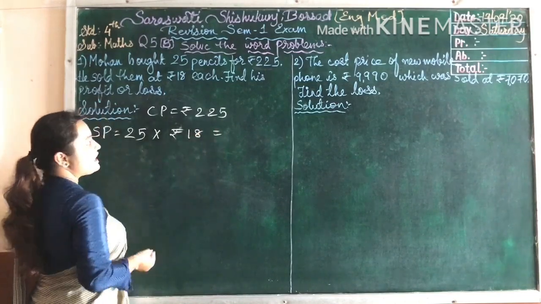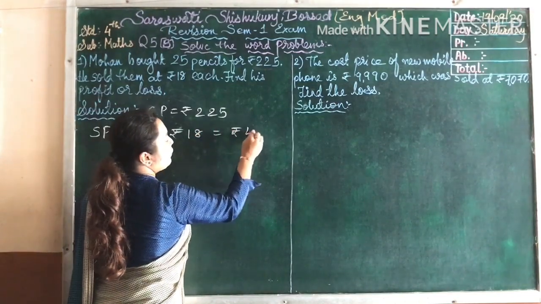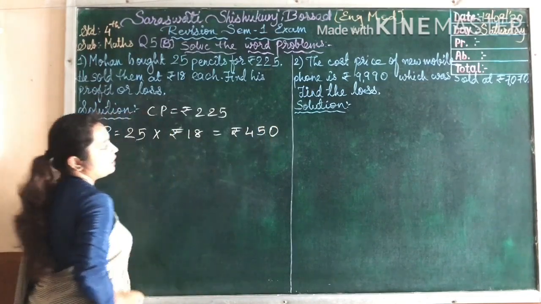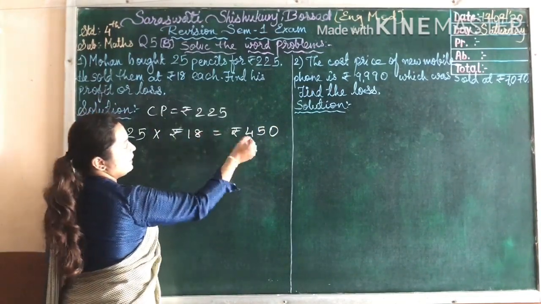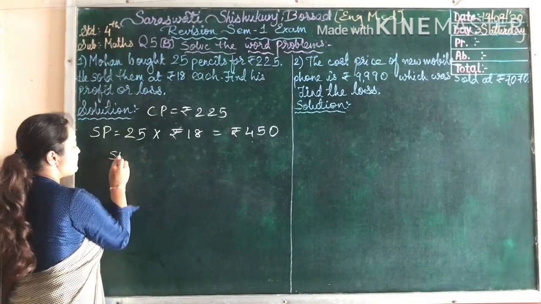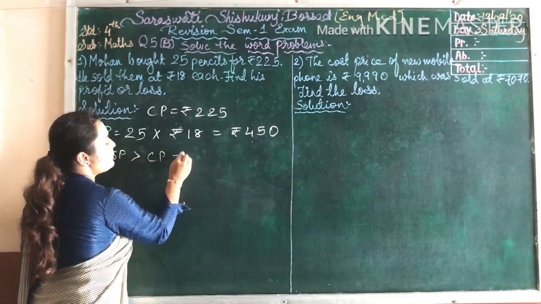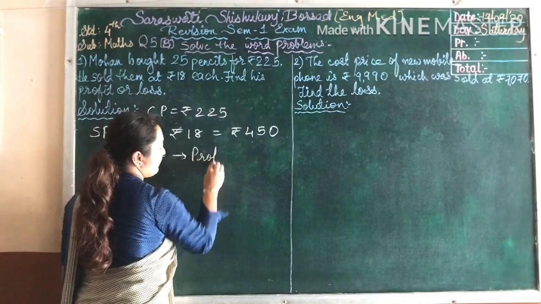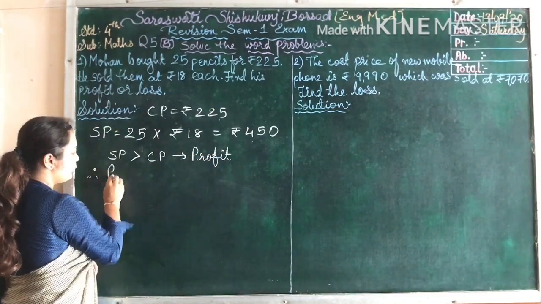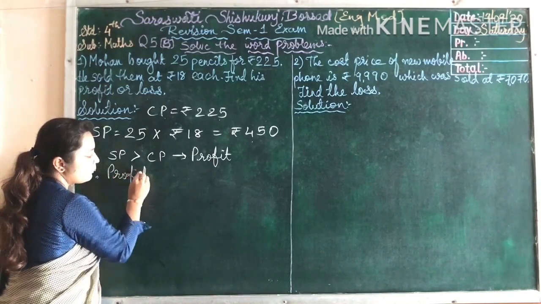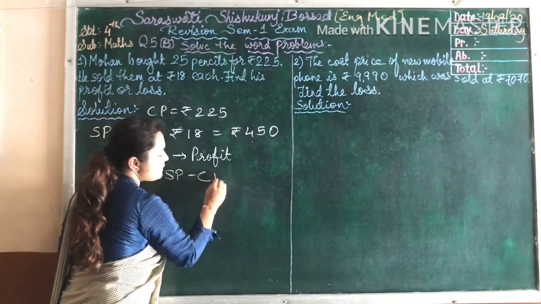So here we will get answer rupees 450, our SP. So if we compare SP and CP, then we can say that SP greater than CP gives profit. Okay, therefore profit is equal to SP minus CP.